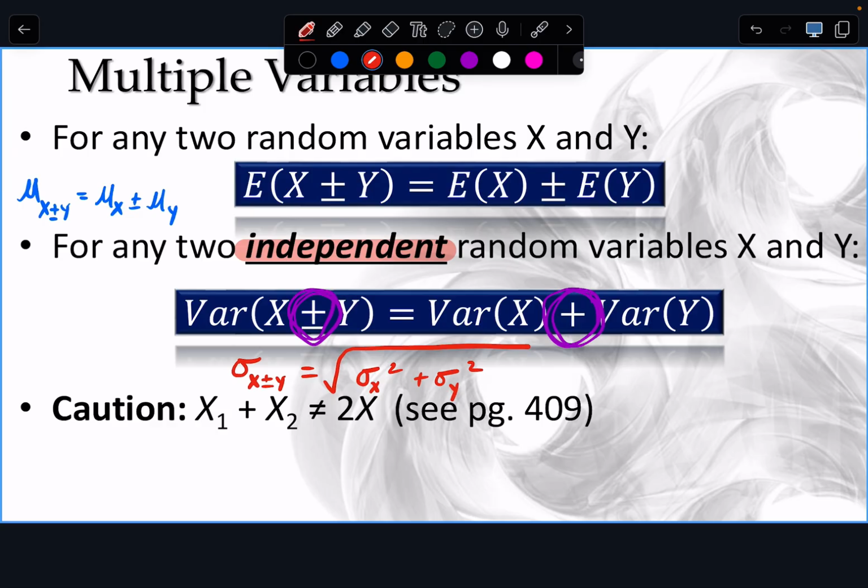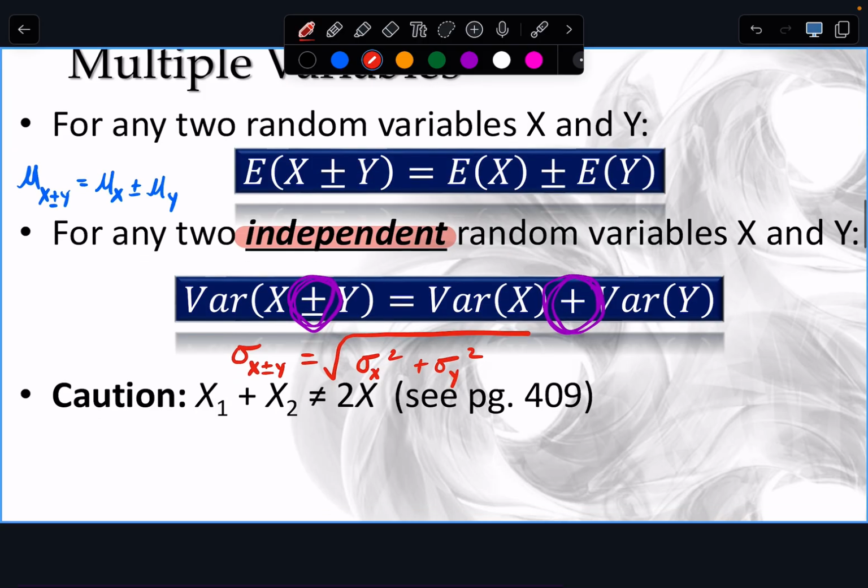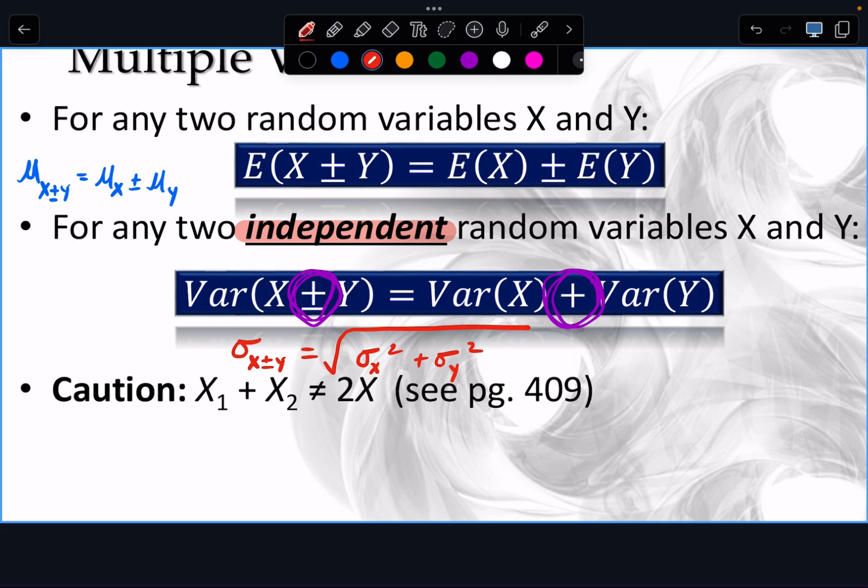The other thing to note here is when we combine random variables, there's times where we might combine a variable with itself. So for instance, X1 plus X2. This is one, if you think about the worksheet from Friday, when they were talking about insurance policies and how insurance companies got away with giving away so much money on policies.